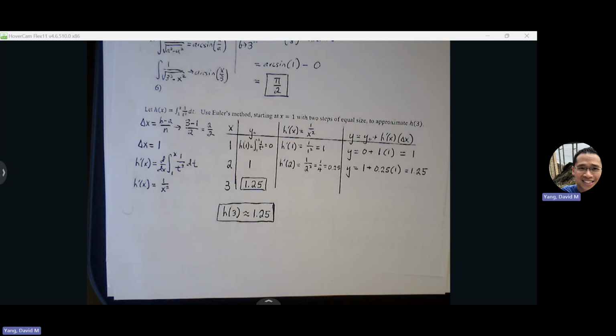But for these problems, you're never going to have to worry about how accurate your approximation is. You just have to do the approximation they're asking for, and then that's that. But yes, the more steps we take, the more input we receive, and the more accurate our approximation is going to be.